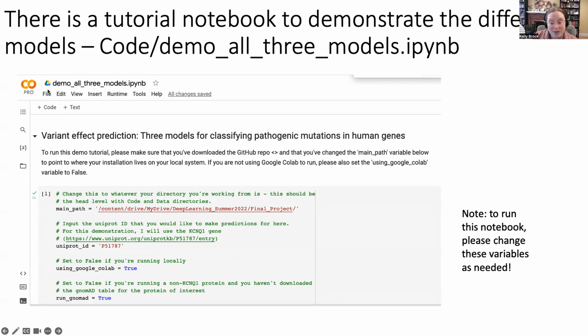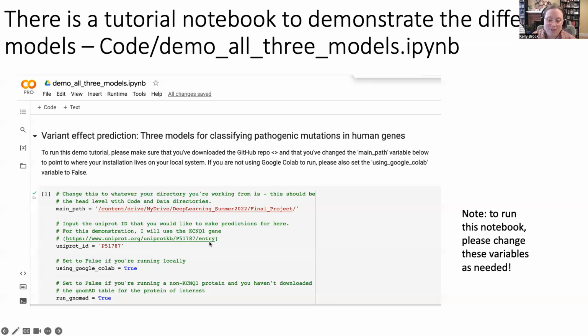As you can see here, I'm running these notebooks on Google Colab, so I also have a variable to flag whether you're running locally or in this cloud service. You can also change the protein you're looking at to be whatever human canonical protein you desire. You can find the IDs for these proteins, called UniProt IDs, at this website for KCNQ1.